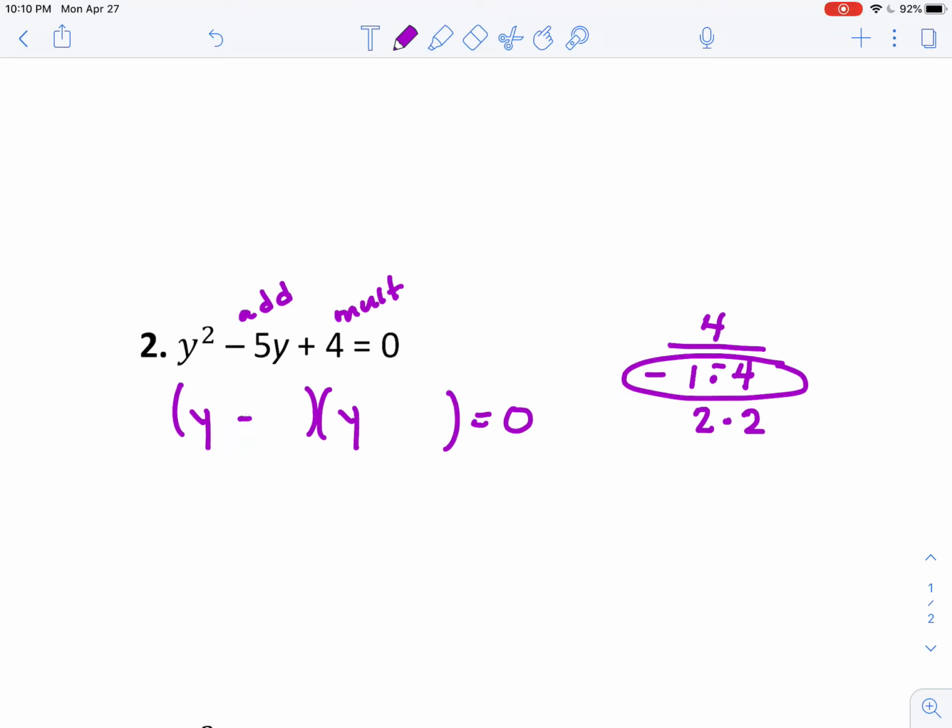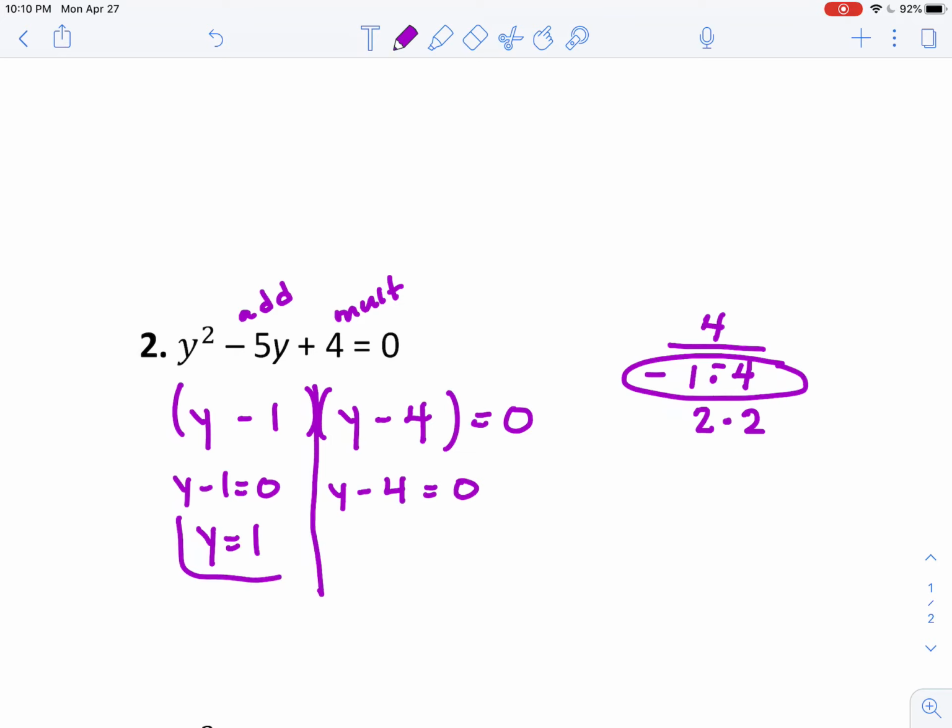So our factors become y minus 1 and y minus 4. Now that we've factored, we have 2 items multiplied to equal 0. So we set each item equal to 0 and solve. The first equation says y could equal 1. And when we add 4 to the second equation, y might equal 4.